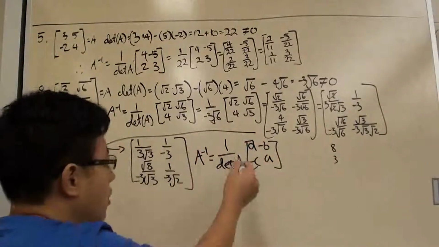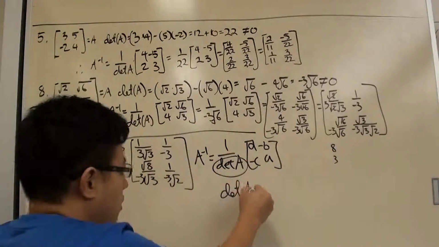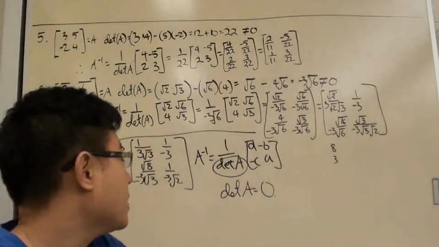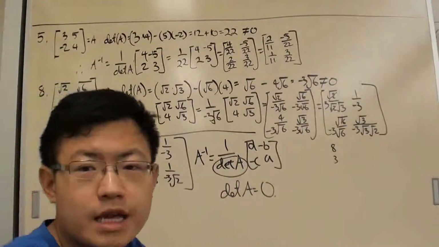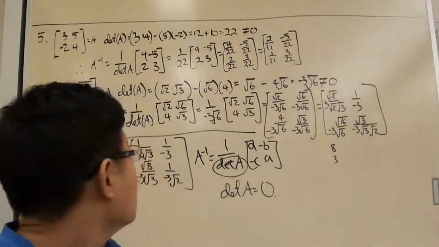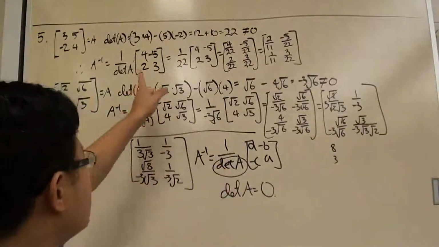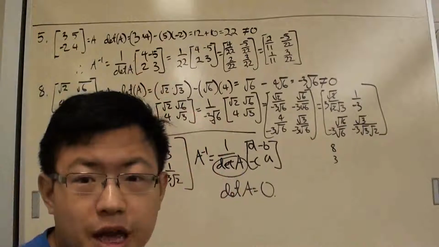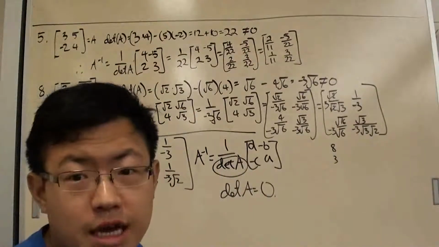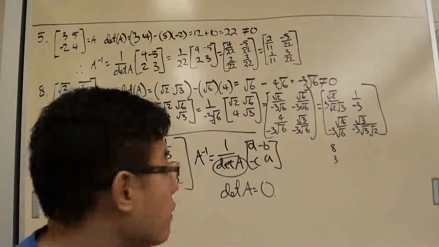So if the determinant of A is 0, we can't do 1 divided by 0. That's when we say it is not invertible. We talked about this a long time ago, but that's a quick review. So what we're going to do is determine the determinant of A, and then hopefully it's not 0. If it's 0, you should say it's not invertible. If it isn't 0, then we should be able to find the inverse.